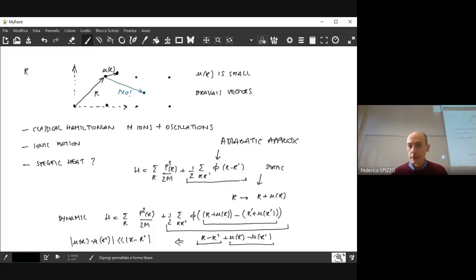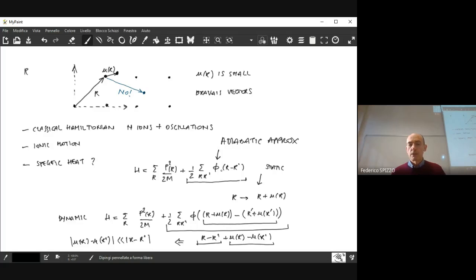For the moment, I just leave phi without a specific expression. Later, during the calculation, we will see that there is the opportunity to estimate the actual phi dependence on the position of the ions, so to estimate the strength of this potential.